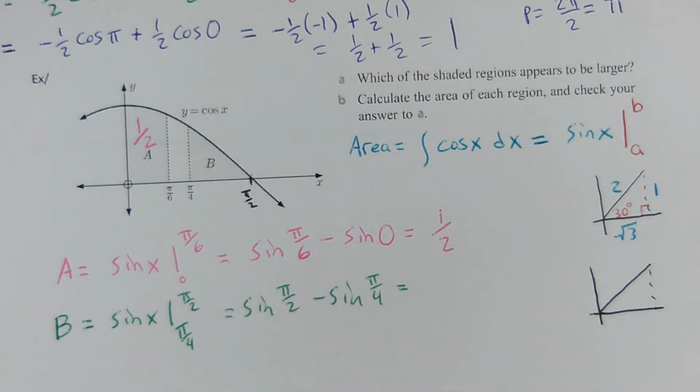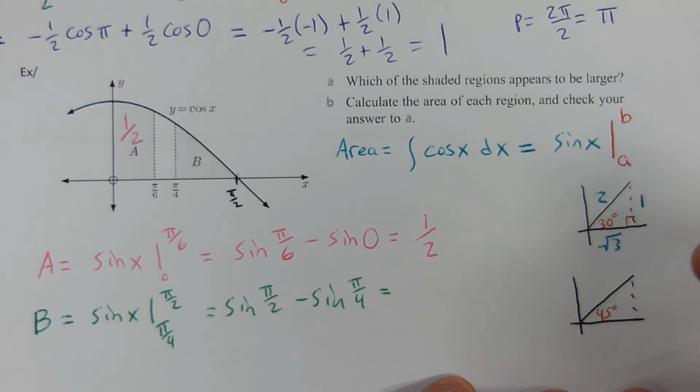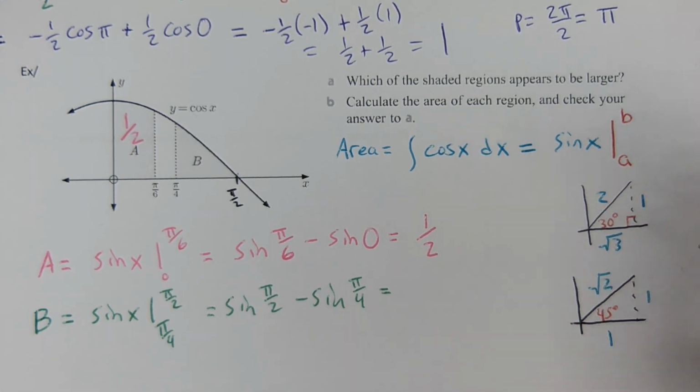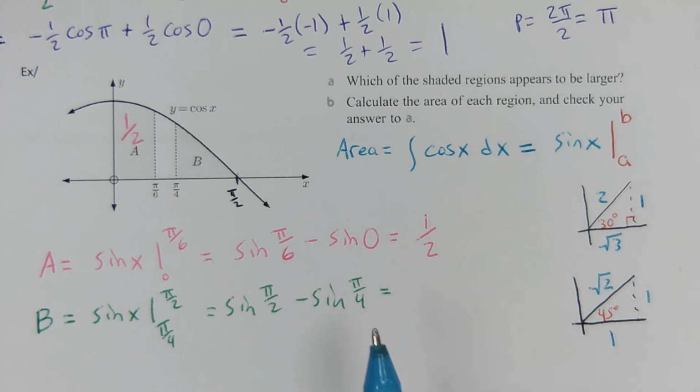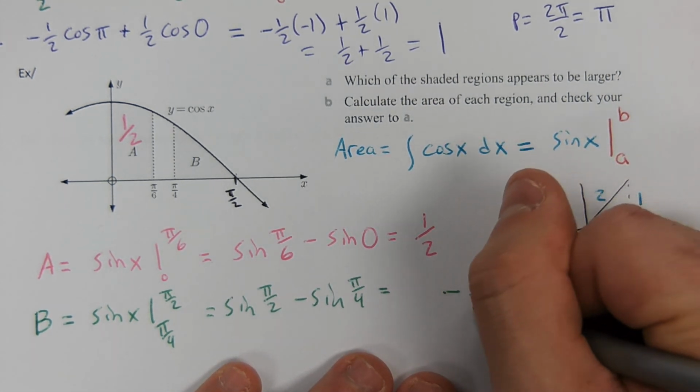Anyway, a 45-degree angle is pi over 4, so I'm going to go ahead and draw that up, having the classic side values of 1, 1, root 2. Sine is y over r, so sine of pi over 4 is going to be 1 over root 2. So I have a minus 1 over root 2.